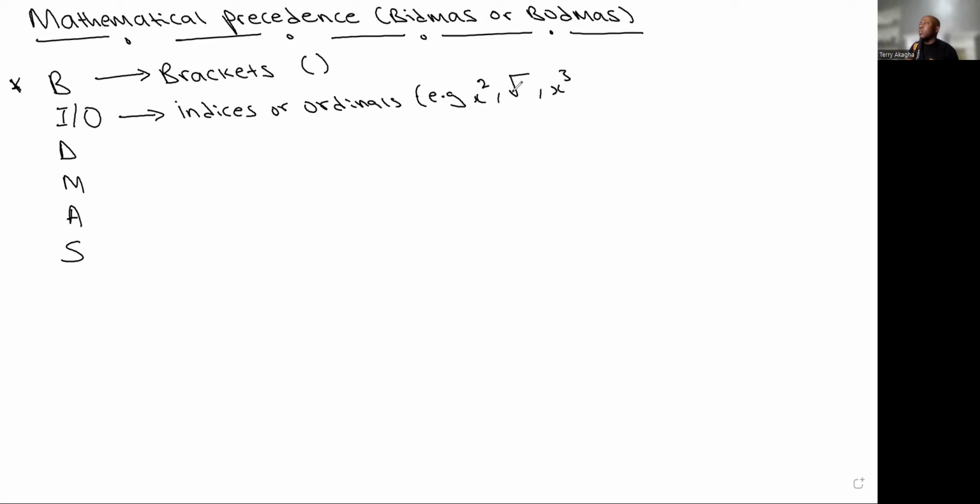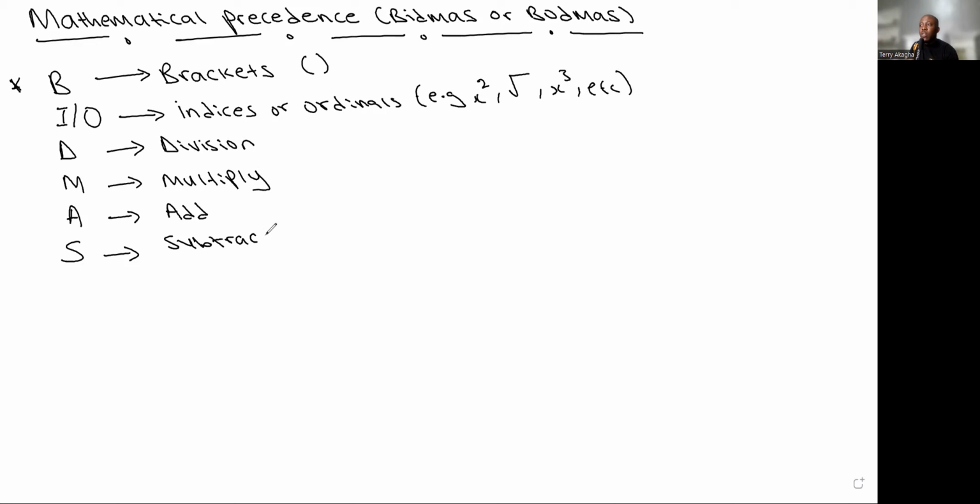The cube roots, etc. So all these indices, raised to powers, and the rest of it, you solve that first. Now, when you have solved that, the next thing you do, you now divide. Okay? After that, after division, you multiply. After multiply, you add. And after you add, then you subtract.